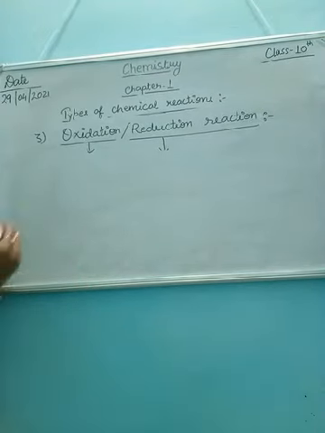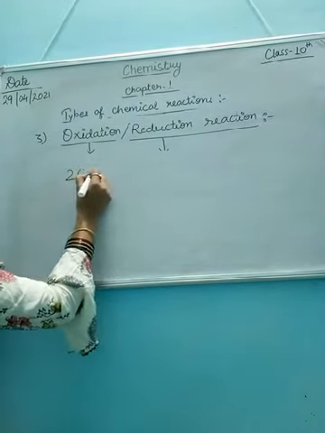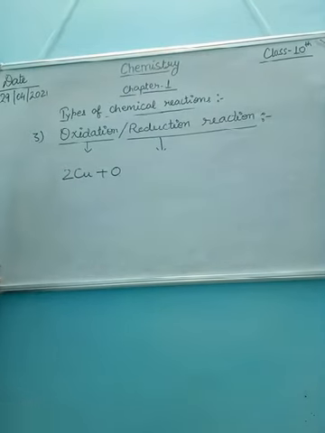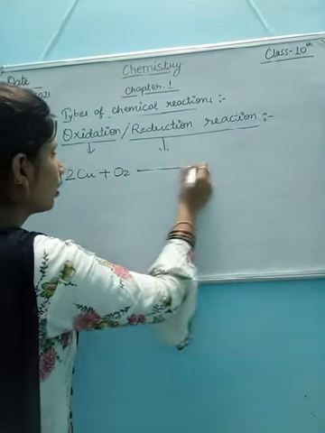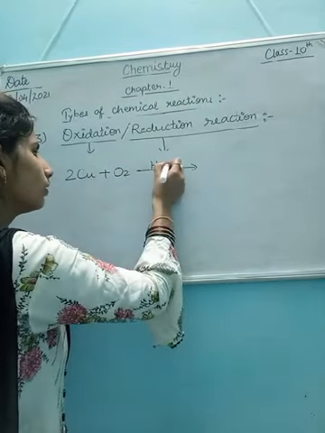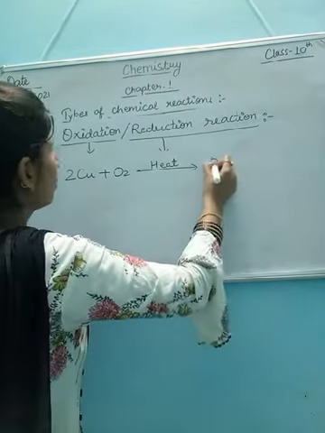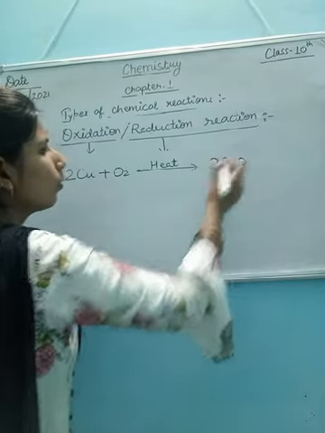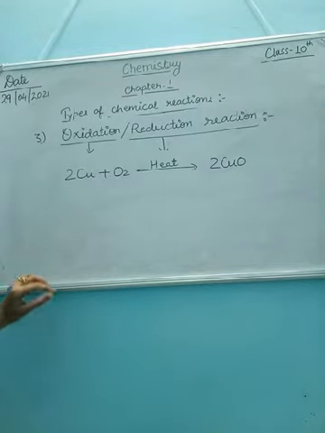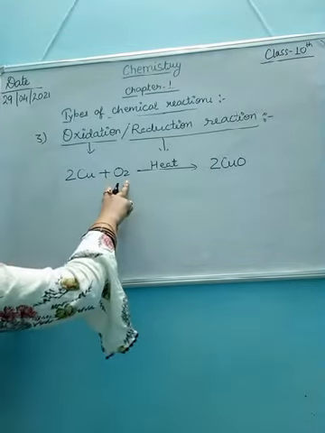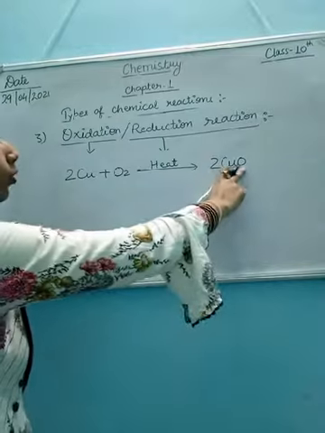2Cu plus O2 in presence of heat will become 2CuO, copper oxide. Copper reacts with oxygen in presence of heat and it will become copper oxide.